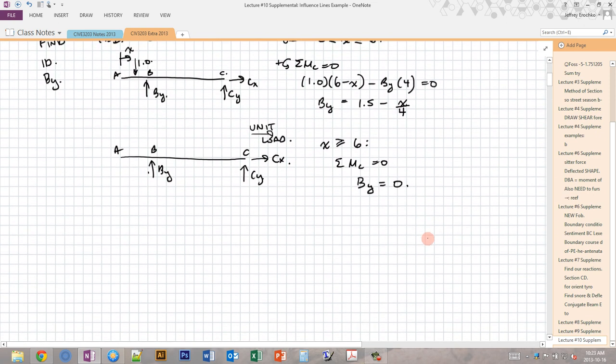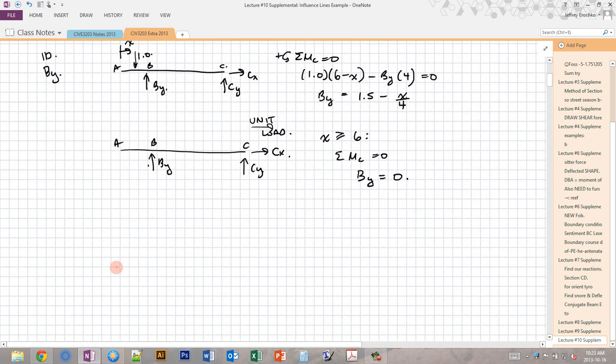So now we can draw our influence line for this situation. Let's just draw a straight line like this. We've got A, B, C, D, E, G, for example. C is the 6 meter point.